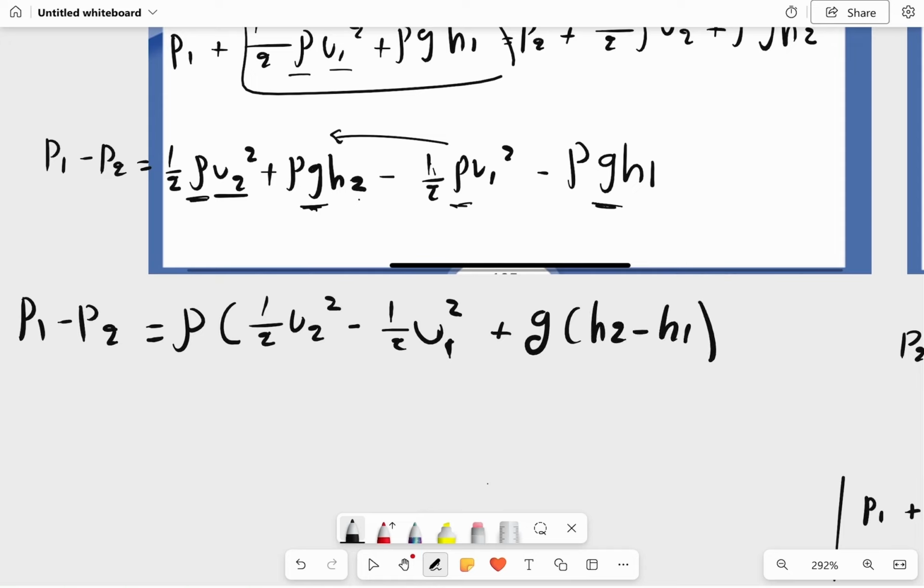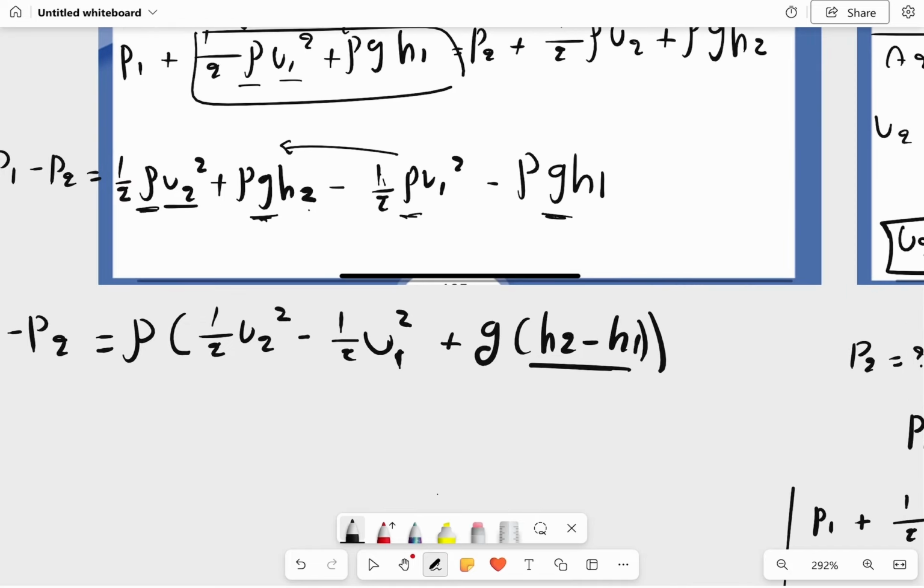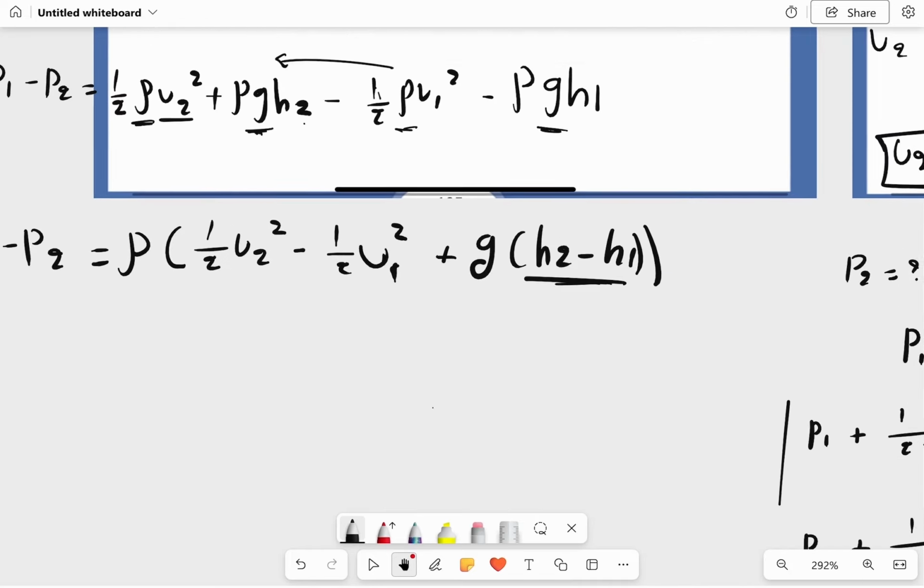Because we have height as H2 minus H1, all of it is equal to 2 meters. Careful, these two should always be together, H2 minus H1.